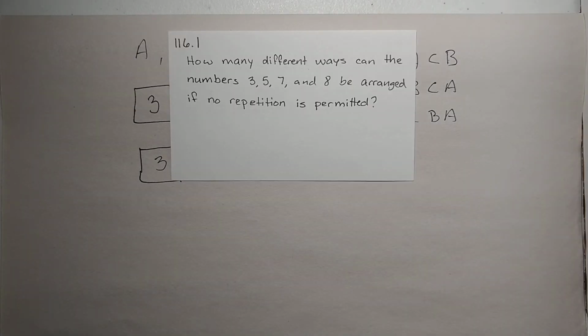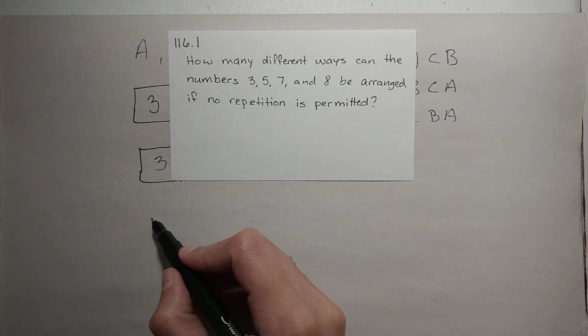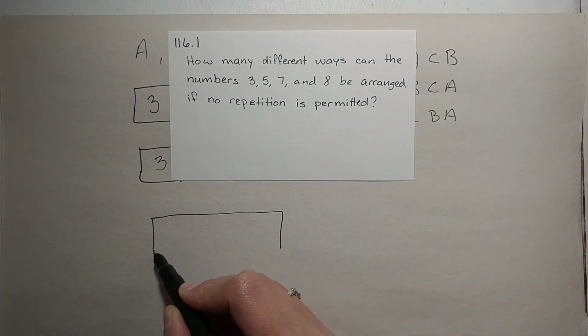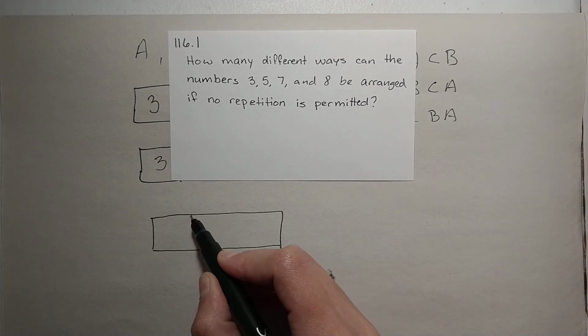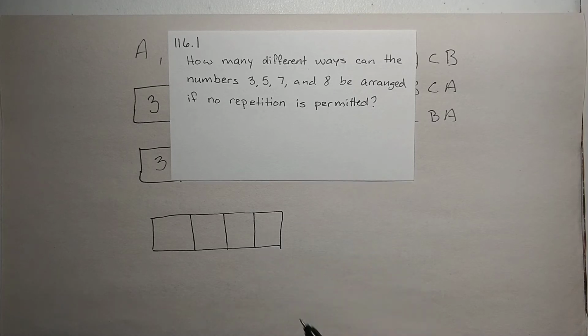All right, so how many different ways can the numbers 3, 5, 7, and 8 be arranged if no repetition is permitted? All right, so this is going to look a little bit like the first arrangement we did of the letters. So we have 4 numbers, so we're going to have 4 boxes. Those aren't very even boxes, that's okay.